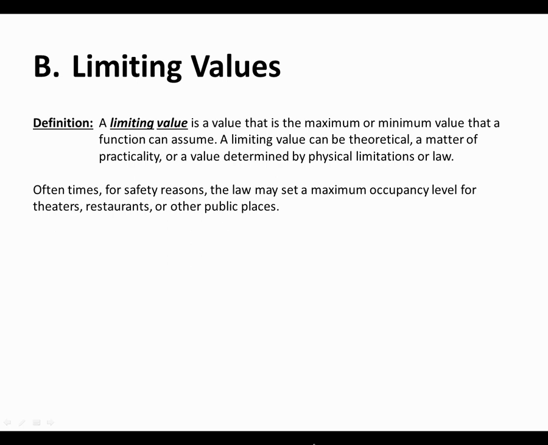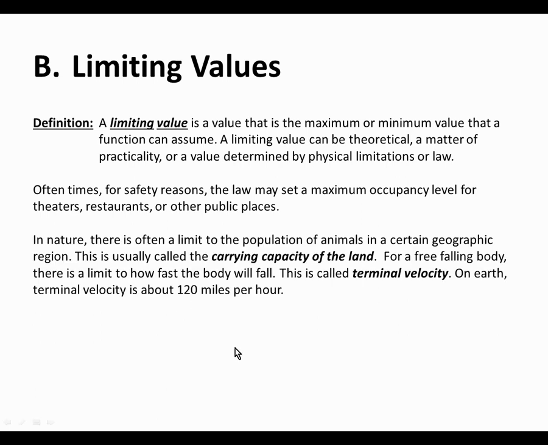For those of you that know your algebra, these limiting values are sometimes referred to as asymptotes. In nature, there is often a limit to the population of animals in a certain geographic region. This is usually called the carrying capacity of the land. If there's only so much food and so much space, the animals will start to die off if they get too crowded. For a free-falling body, there's a limit to how fast the body will fall. That is called the terminal velocity.